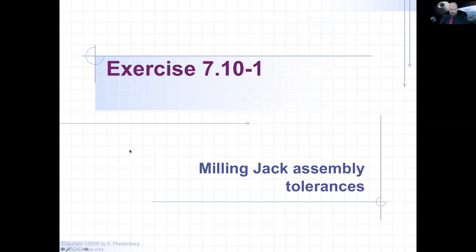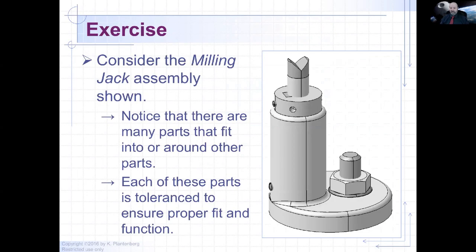Okay, so we're almost done with this chapter. Here's a milling jack assembly example. This might be something you would design in the future. You see the nice SolidWorks design on the right.